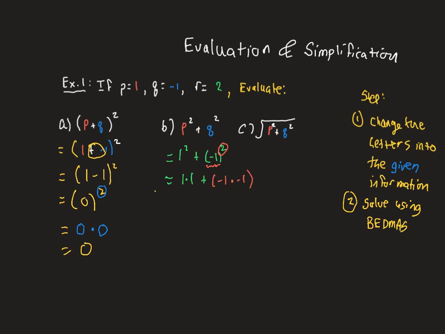Okay? Which would be equal to 1 times 1 is 1. -1 times -1 is +1 because two negatives make it positive. 1 plus 1 is 2. So my final answer there would be 2.